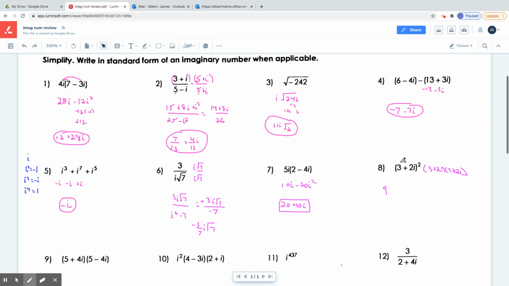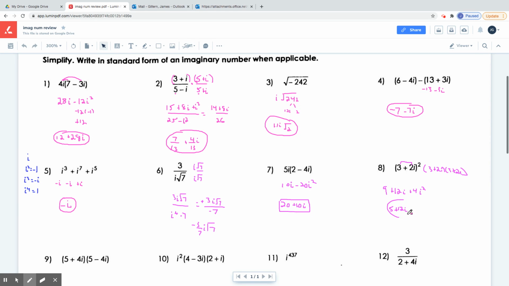Then to get the middle term, you take the product of these and then double it. So 3 times 2i is 6i, which means you get 12i. And then you square 2i, which is 4i squared. 4i squared is really negative 4. 9 and negative 4 is 5. So you get 5 plus 12i.